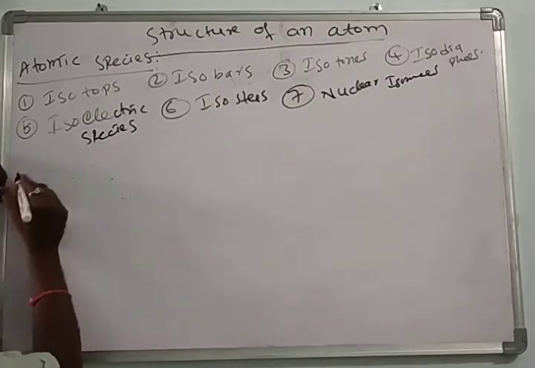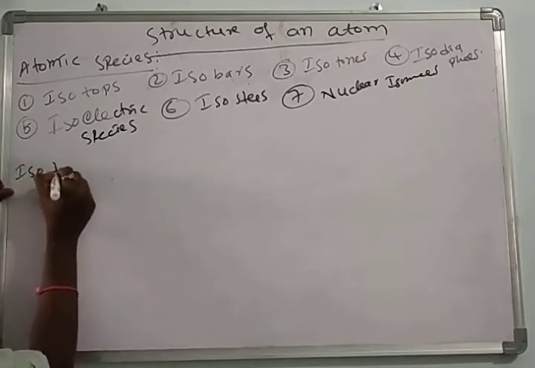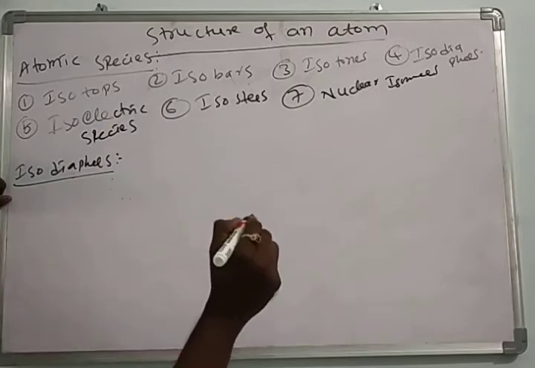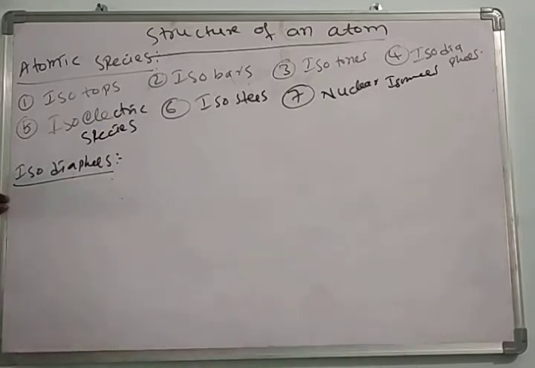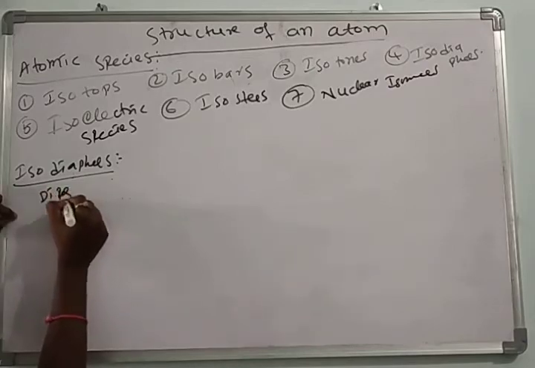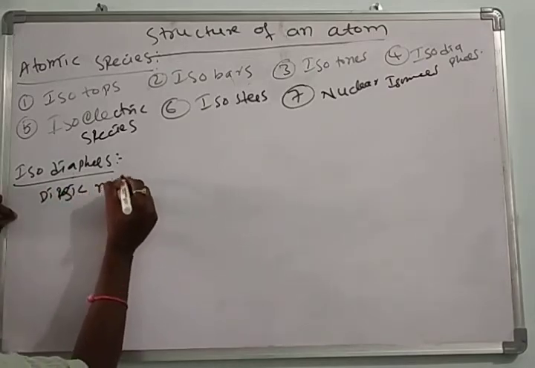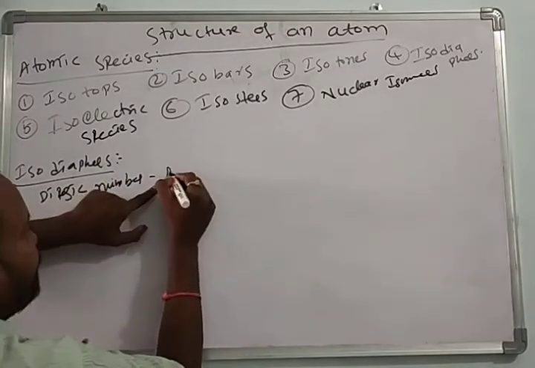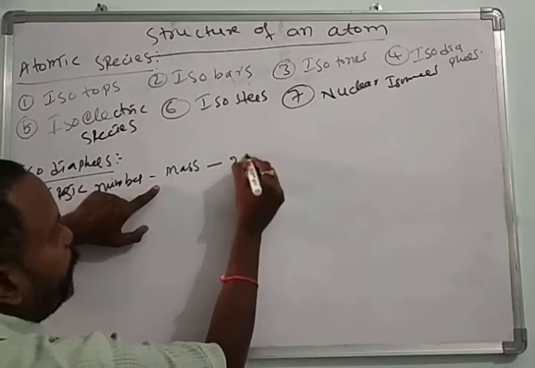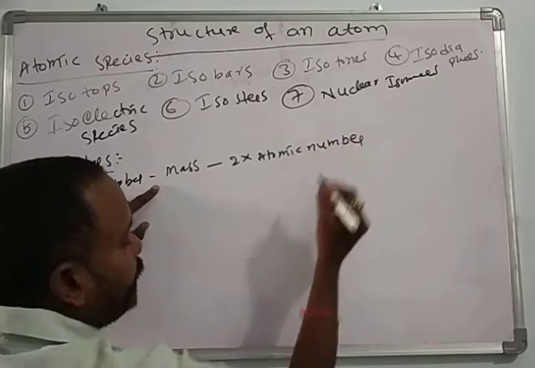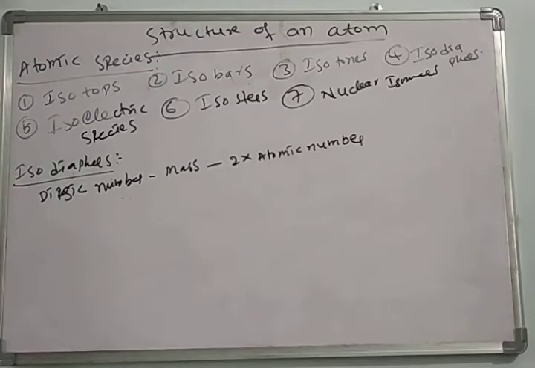Diaphoric number is mass minus 2 into atomic number. By using this, we calculate the diaphoric number.